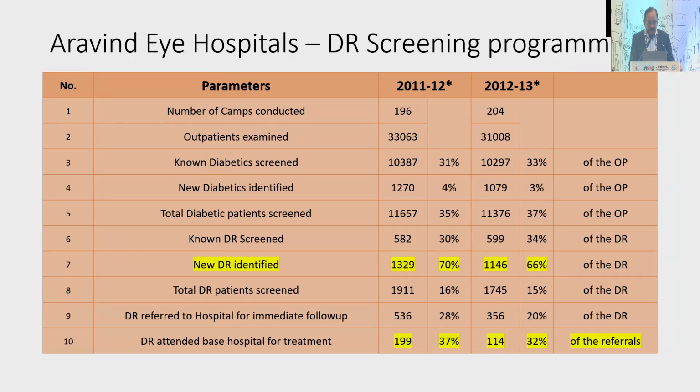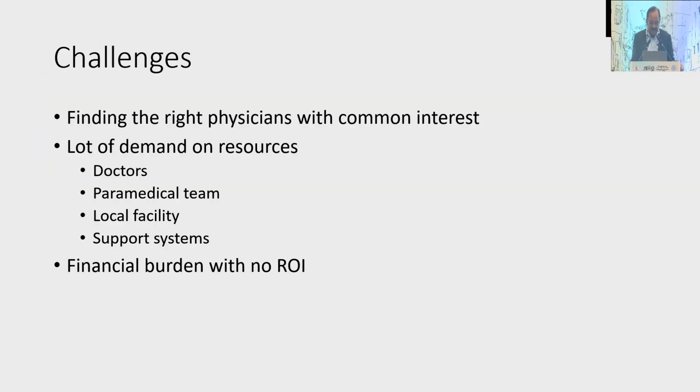Every week we continue. This was some data which showed that the new diabetic retinopathy identified in these processes was around 70% of all the patients that we screened. What it means is there are so many people out there who are not identified, who have normal vision, and every one of us has to take the responsibility of identifying patients, not just finding patients who are walking into our clinic.